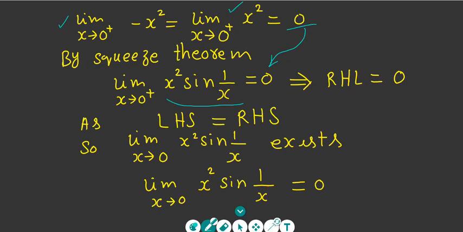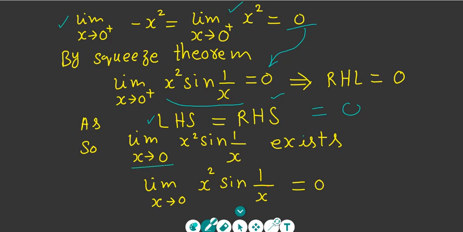As our left hand limit and right hand limit are both equal to 0, when the left hand limit and right hand limit become equal, we can say that the limit exists. So in this case we can say that the limit of x square into sine of 1 upon x exists as x approaches 0.